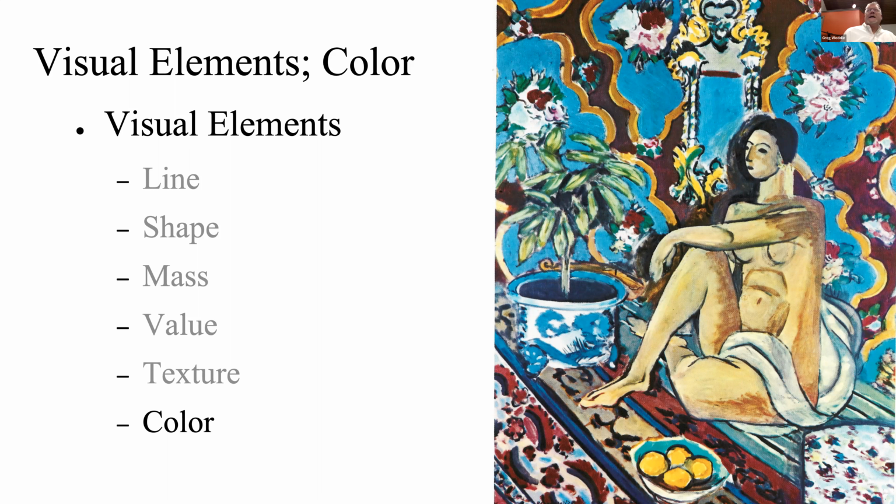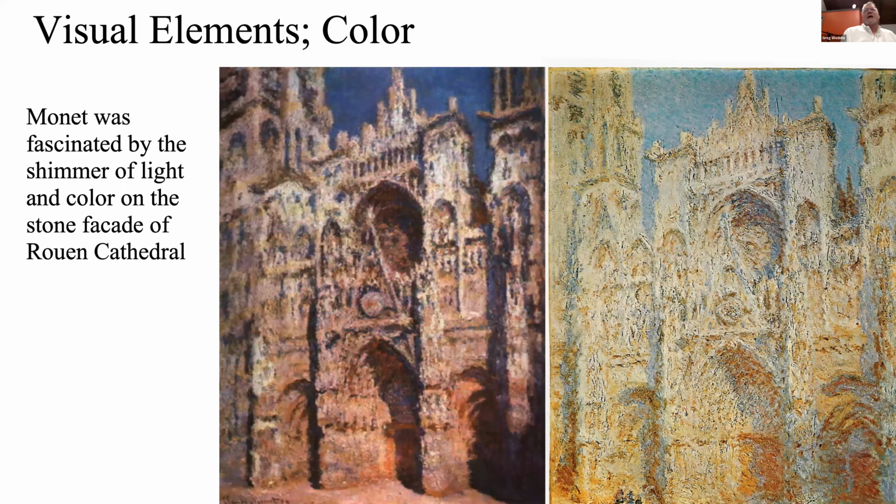All right. And this is Claude Monet. This is a couple of examples of the Rouen Cathedral. Claude Monet is known for his work with color, with light, and how light changes what the picture is. He painted 30 paintings of the Rouen Cathedral.